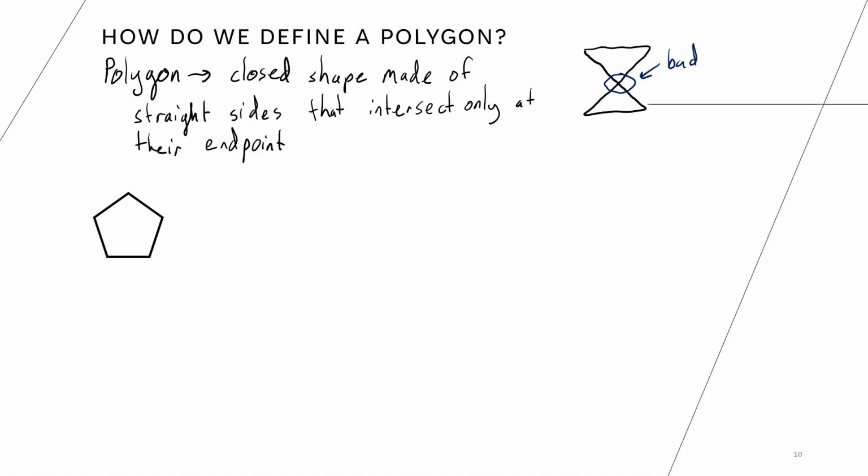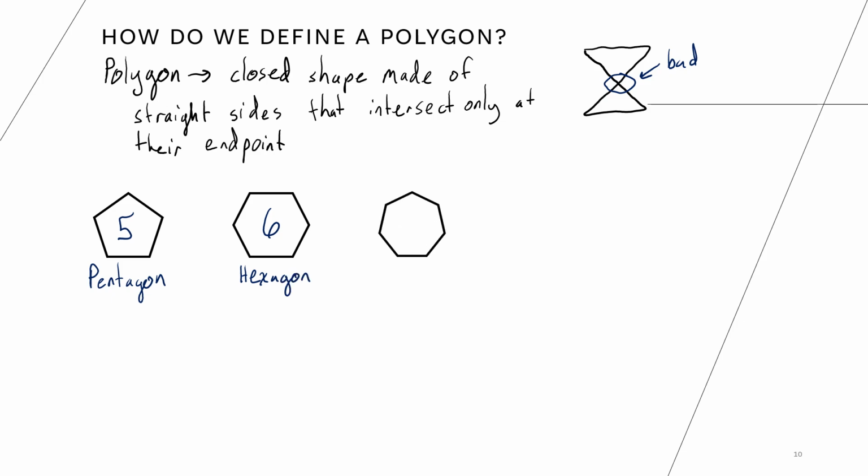Now we classify polygons according to their number of sides. Since this is 5-sided, we call it a pentagon. You likely recognize this as our 6-sided polygon, a hexagon. This is a 7-sided polygon, which we call a heptagon.